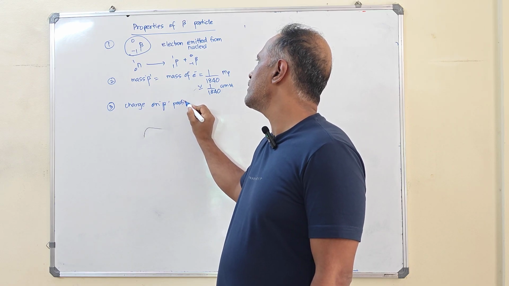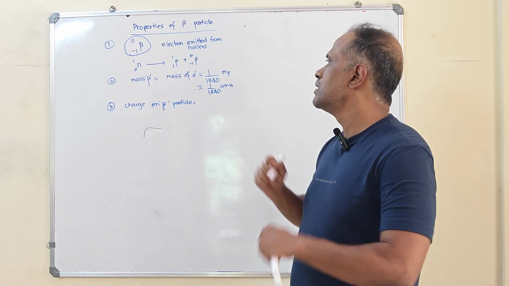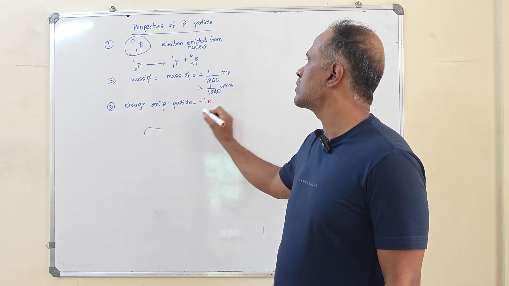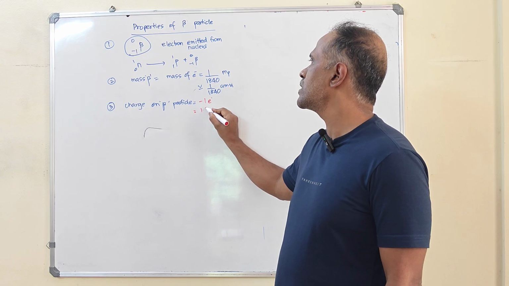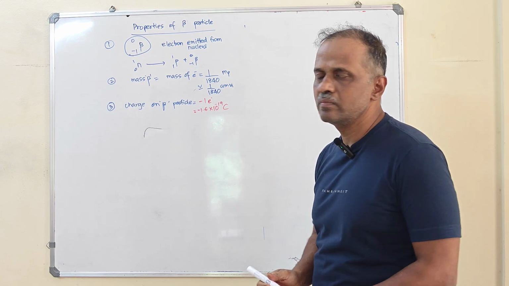Beta particle has a charge of 1 electron, which means -1 electron, that is -1.6 into 10 to the power -19 coulomb.